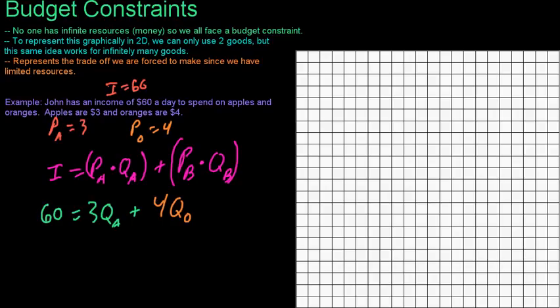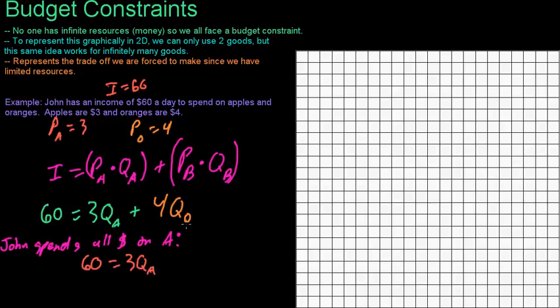The way that I like to graph budget constraints is to find the 2 intercepts. So let's say John spends all his money on apples, on A. Then $60 is equal to 3 times the amount of apples he can buy, because he's not going to buy any oranges.